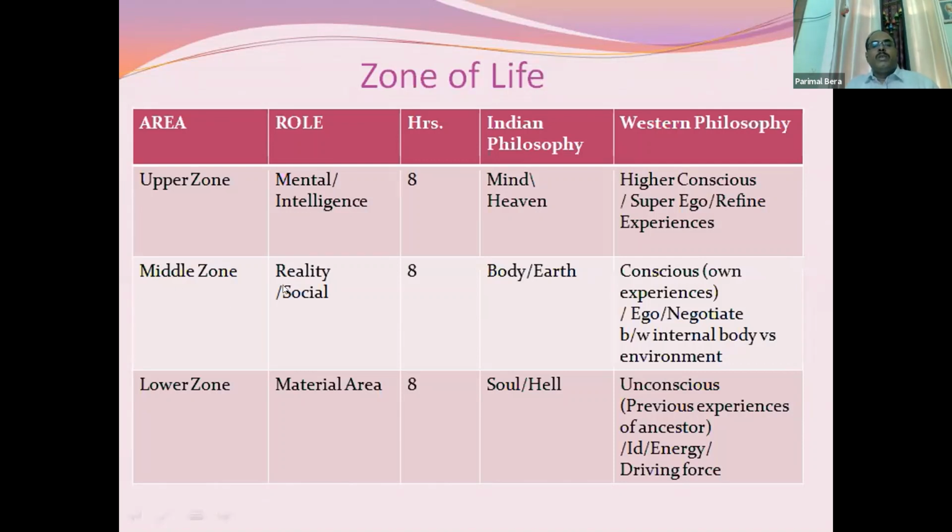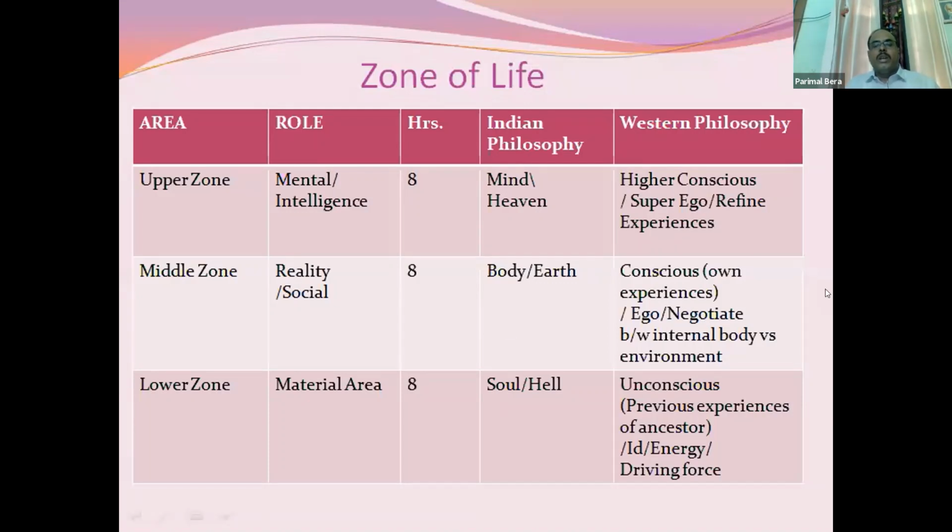and can be understood from the middle zone letters, like M, N, O, P upper portion, A, S upper portion. From the middle zone letters, we can easily understand our consciousness, basically our own experiences, and how our experiences want to negotiate with the environment, negotiate with the internal body.